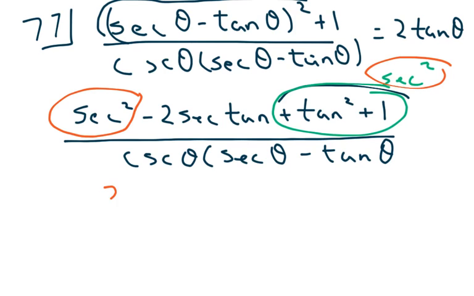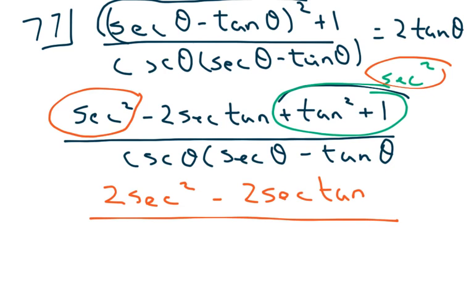So I'm going to write 2 secant squared minus 2 secant, all over, I'm going to keep this separate for now, secant minus tan.